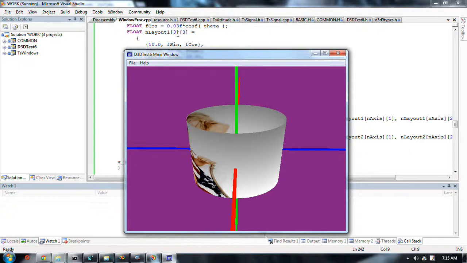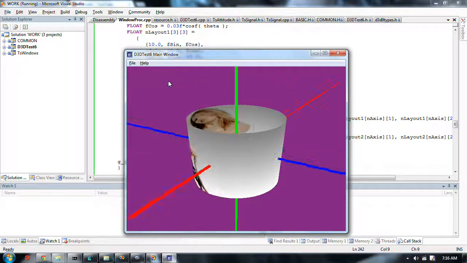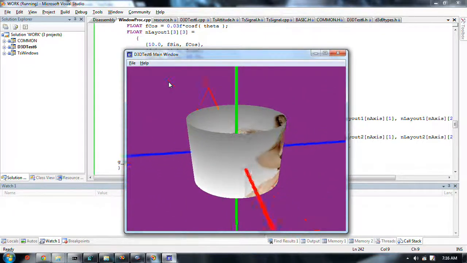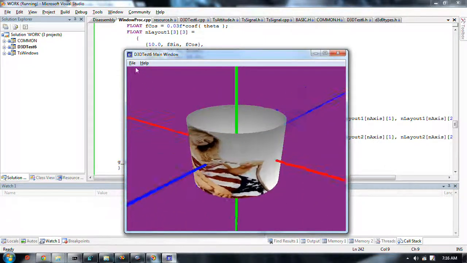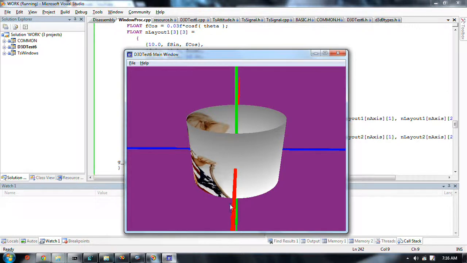So therefore we are upside down, looking this way at a cylinder that is, as you can see quite clearly, surrounding the y-axis. I have a rotation about y set. So if I just started, it's rotating about y. Now let's stop that again. Reset. Now red has got to be the z-axis.